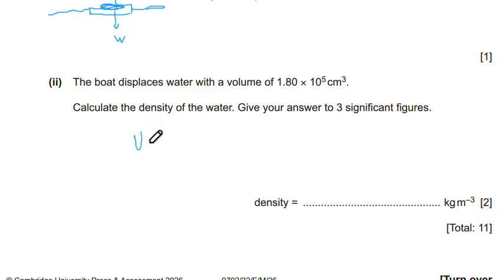We know also U equals rho, density of liquid, g, V, volume of liquid displaced. So by rearrangement, it equals this, which was just calculated.